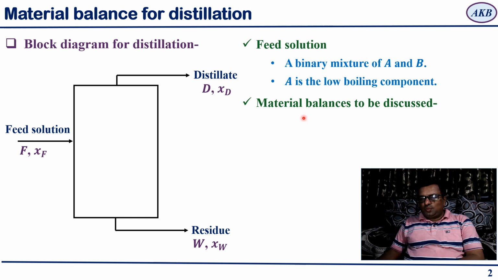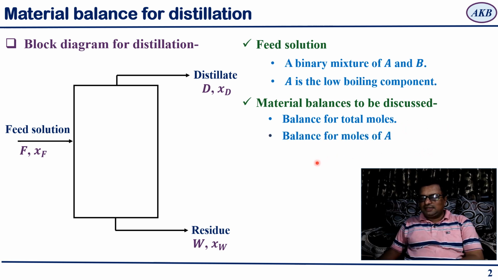Now what material balances are to be discussed over here? First, we are going to discuss how we can write the balance for total moles. So this is the total material balance, and then we will learn how to write the balance for moles of A, that is the more volatile component.